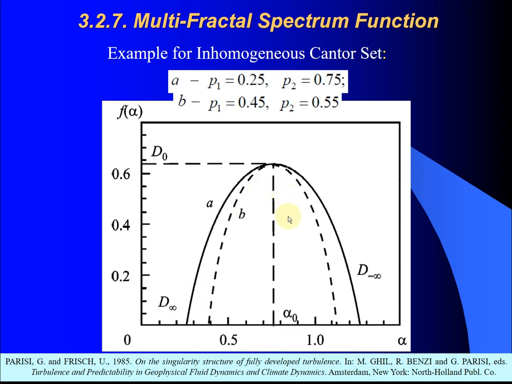This function for multifractals can have such a form, and the second derivative of this function is less than 0. In the case of a monofractal, this curve collapses to one point, and this point can be located in such a way, for example, alpha 0, where alpha 0 is equal to f of alpha 0, you can see.